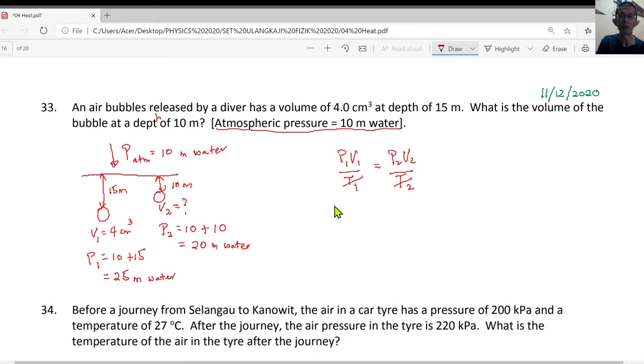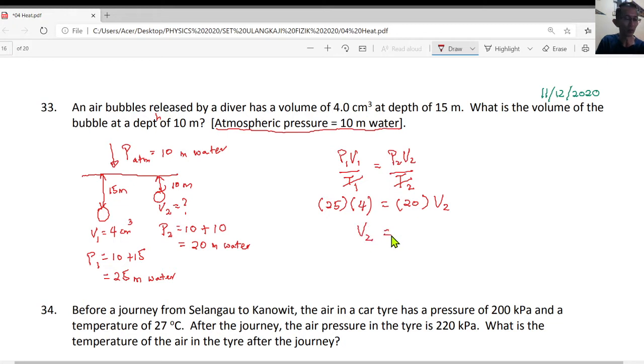P1 is 25, and V1 is 4, equals P2 is 20, and V2 is what we want to find out. So I only have one unknown in this equation, so I can find my V2.